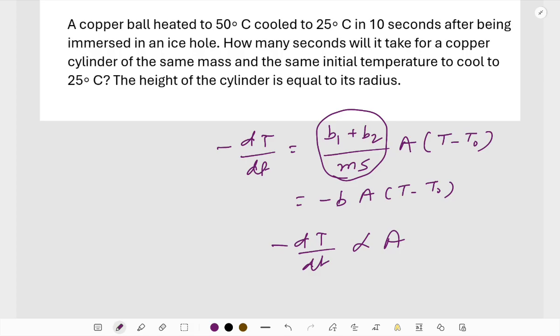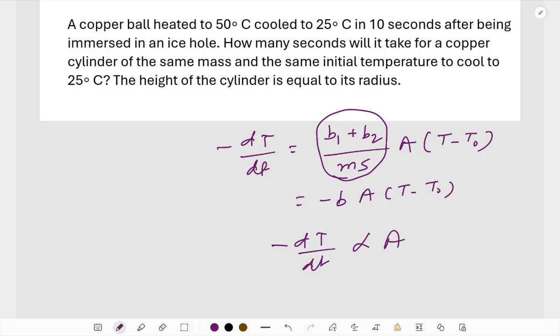So delta T, the temperature change, is also the same. Here delta capital T by small delta t, where small t represents time and upper delta T represents temperature.